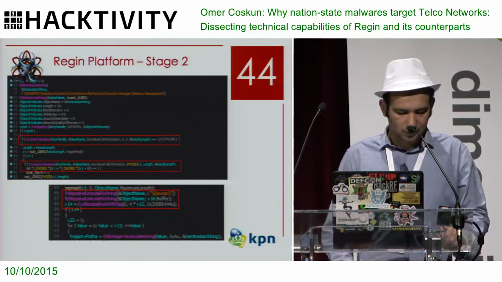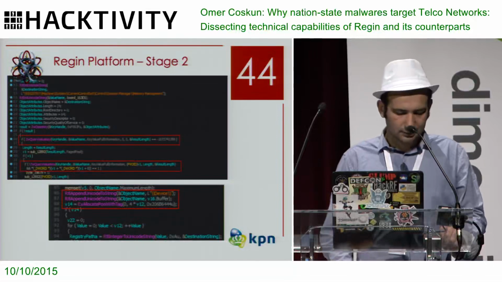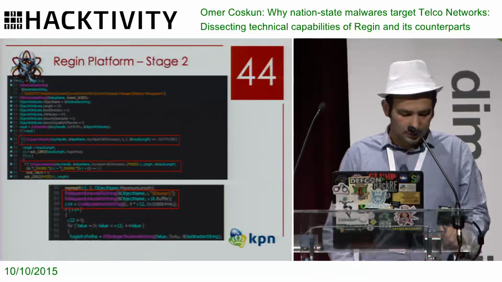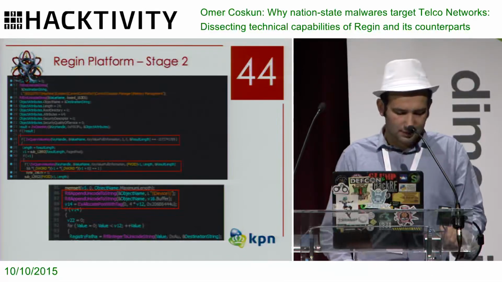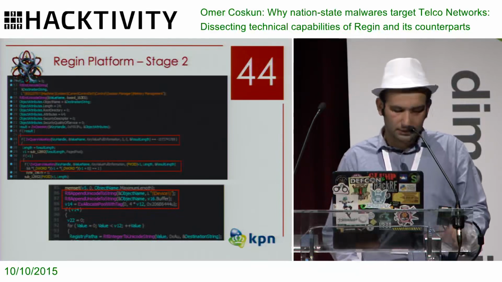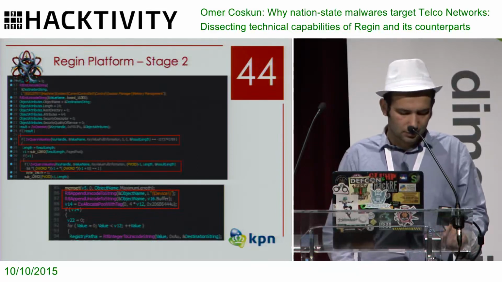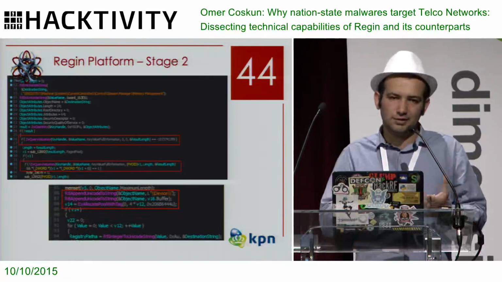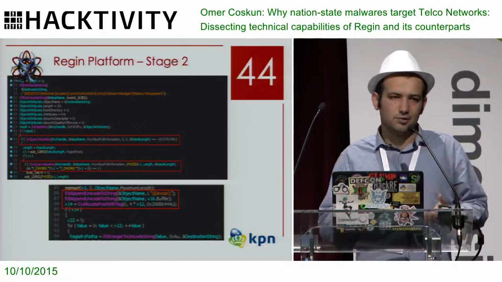The second stage also creates a marker file that can be used to identify an infected machine. It can simply clear previous stages and create an encrypted virtual file system that is used for kernel payloads. So the kernel payloads are actually stored in a file container, a virtual file container.